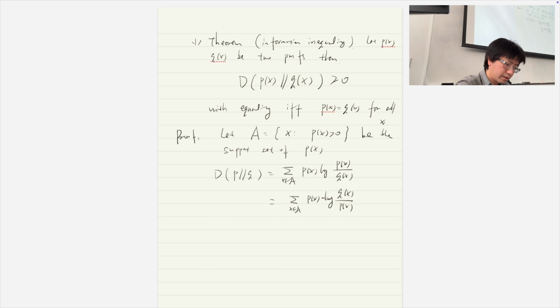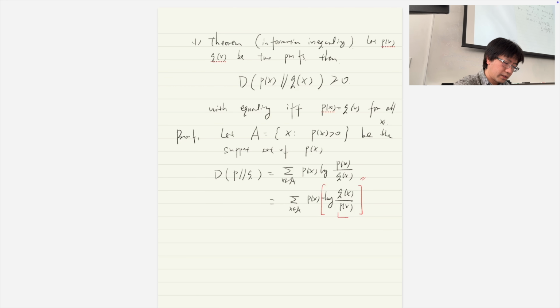Let's view that as our function f. Of course, this x and this x are not the same.